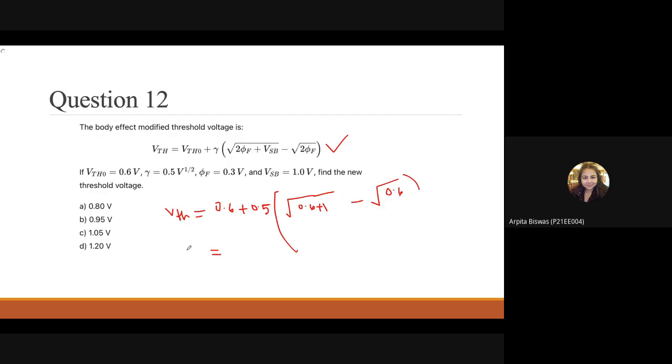So what is the value of this VTH? Again calculate it. Others also, what is the value? Rajesh, Manisha? Like 0.6 plus 0.5 into this whole, root over 1.6 minus root over 0.6.